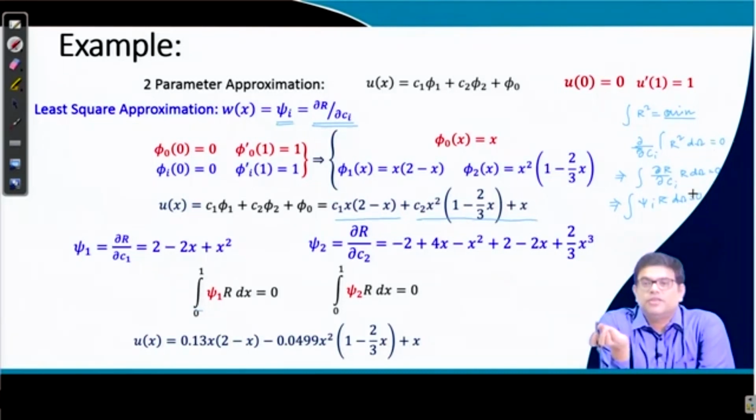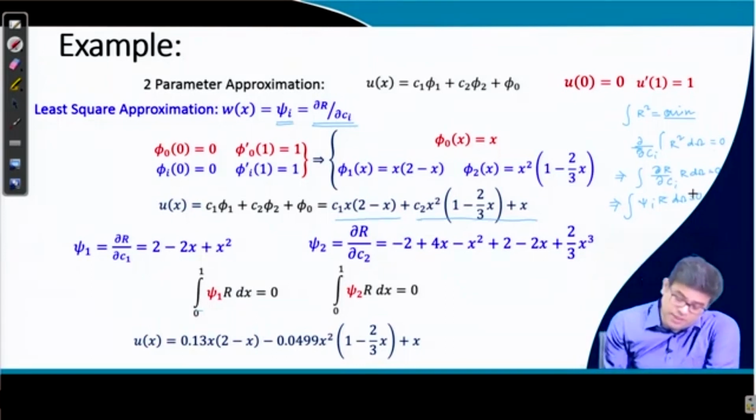As I described in the previous class, the least square method or the Galerkin method or the Petrov-Galerkin method or even the collocation methods are essentially different weight functions. So based on the choice of the weight function, we describe these different methods.